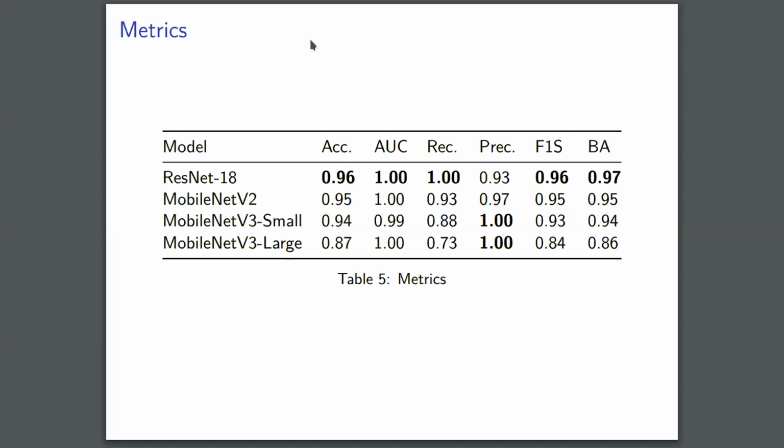That is, it makes more type 2 errors than type 1 errors. These MobileNet based models tend to classify Hawkplum with a lot of green patches as fresh, whereas ResNet doesn't do this as much, and it actually considers shape and texture a little bit more.